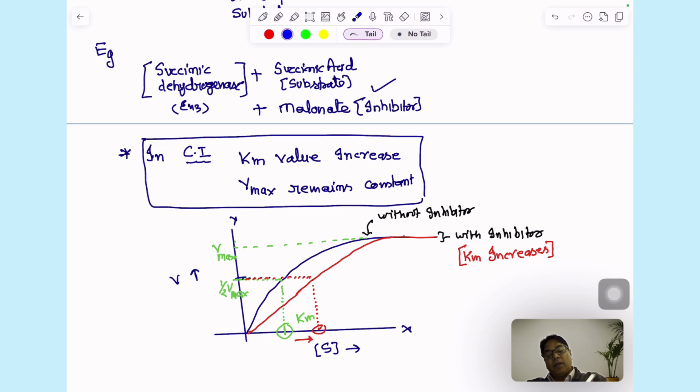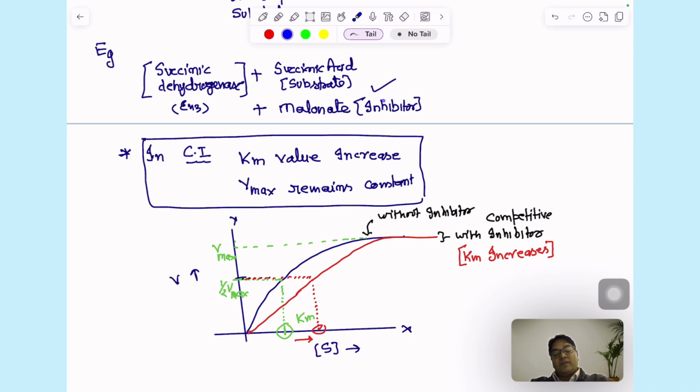So this inhibitor will actually be a competitive inhibitor. And that's why we say with competitive inhibitor, the Km value increases and the Vmax remains constant. Also, half Vmax remains constant. These are the two characteristics that have to be learned for the competitive inhibitor.